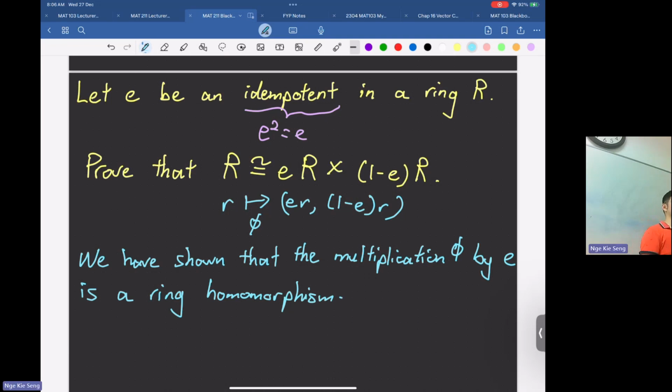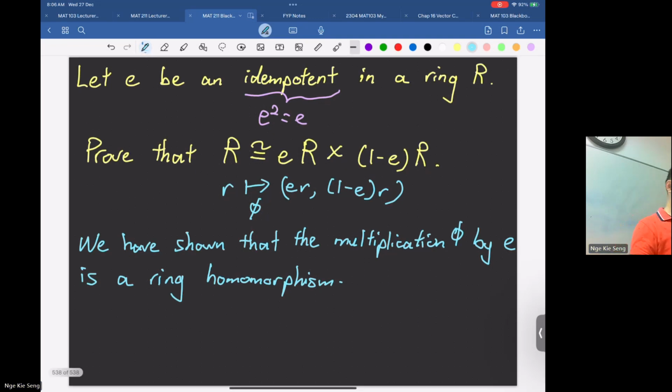If not, you should try and write it out again. If you try and write it out, why is it a ring homomorphism? I guess the non-obvious one is sending the identity to the identity in this ring. You need to know what's the identity inside this product ring.